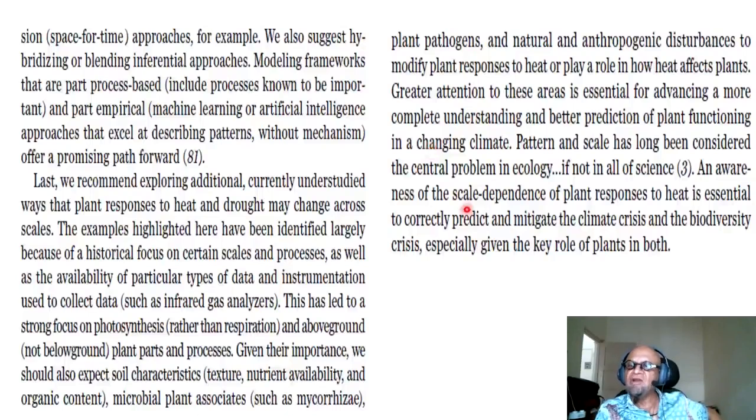Pattern and scale has long been considered a central problem in ecology, if not in all of science. An awareness of the scale dependence of plant responses to heat is essential to correctly predict and mitigate the climate crisis and the biodiversity crisis, especially given the key role of the plants in both biodiversity and climate mitigation.